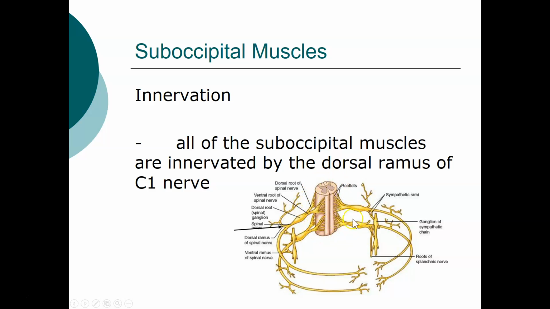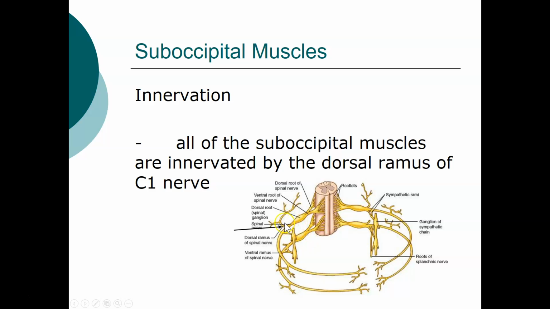So here is inside the spinal column. Once we get out here, we are now outside the spinal column. What I want you to pay attention to here is the dorsal ramus. In other words, when the nerve has left the ganglion, which is outside the spinal column, there is a branch that heads directly backwards. So when I say these muscles are innervated by the dorsal ramus, that means that at those levels of the cervical spine, there's a branch that heads back posteriorly, which innervates the muscles.